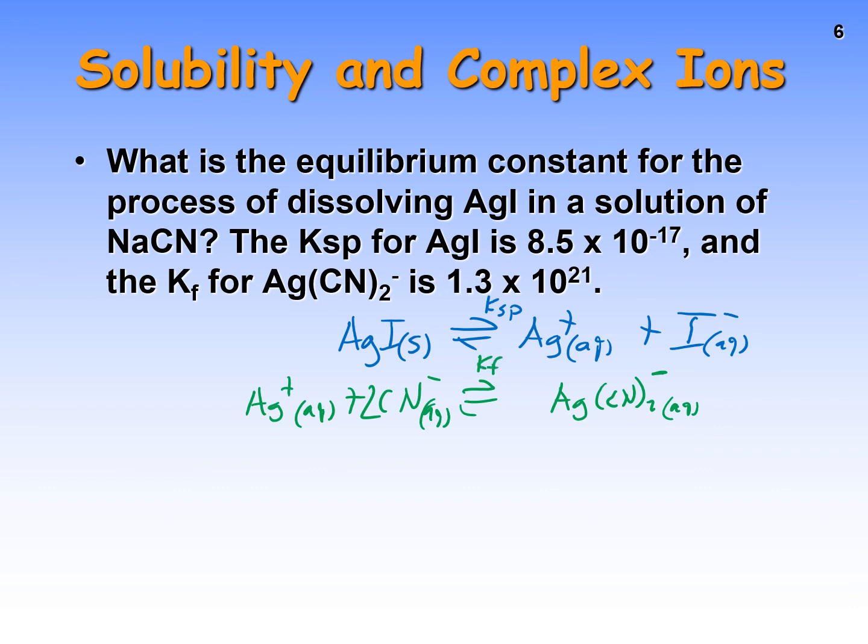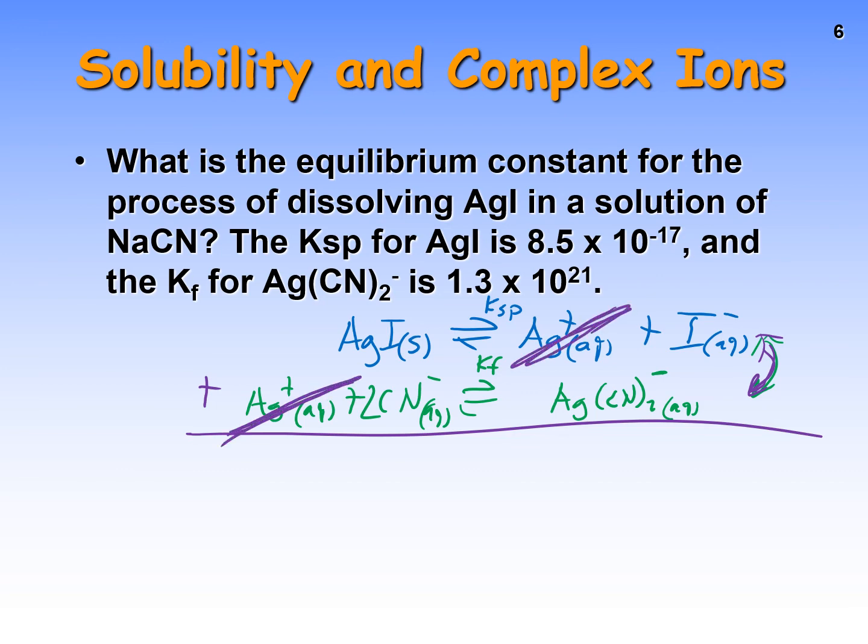Now, if we want to figure out what's going on here, we have to combine these two equilibriums into one equilibrium. Well, how do we do that? We're going to add them. If I add these two, you see that there's one thing that does cancel: the Ag+ cancels out here. Everything else stays in the expression.